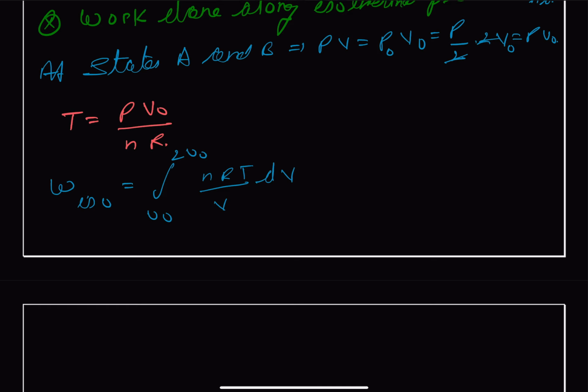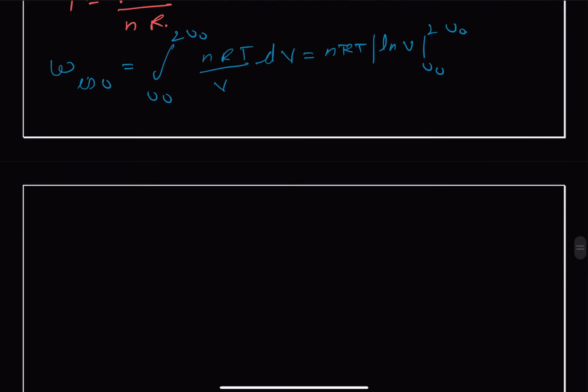And this is straightforward. We have nRT, and this will be natural log of V, and the limits are from V naught to twice V naught. So we get our work done iso is equal to nRT natural log of twice V naught upon V naught.